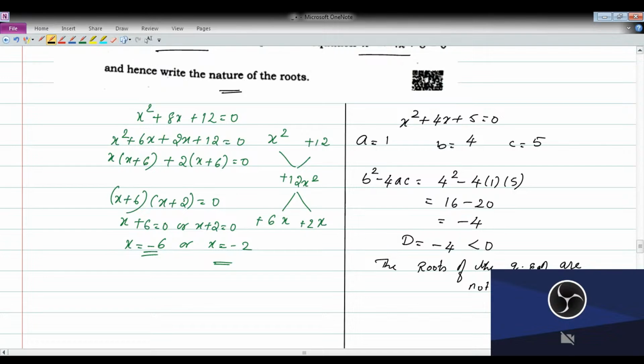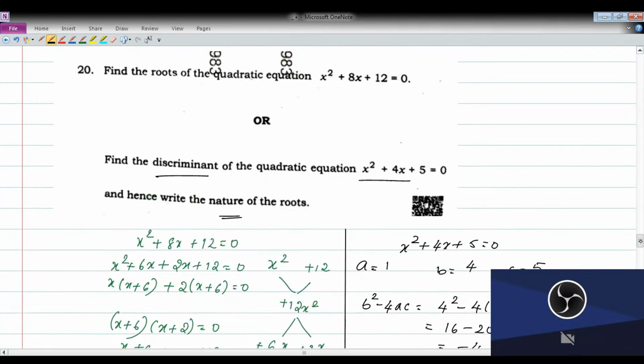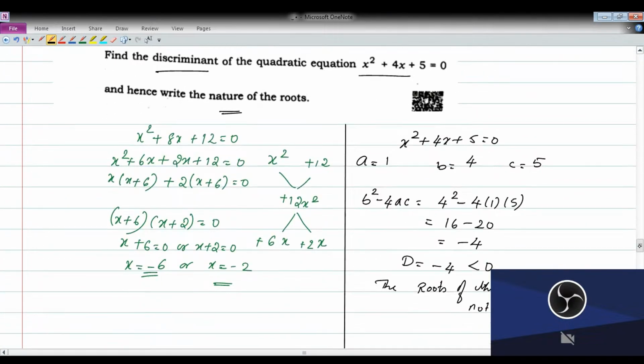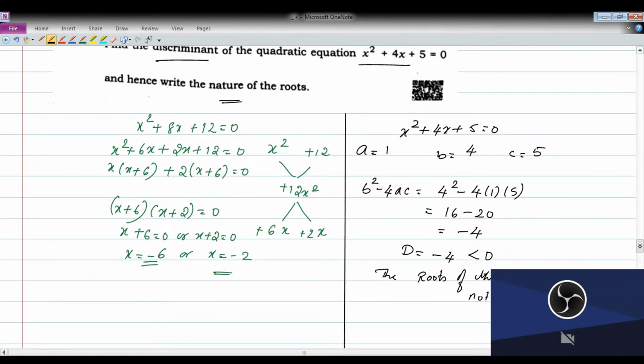So imaginary roots are not real roots. So this is the solution for the question number 20. Very easy question from the chapter quadratic equation.